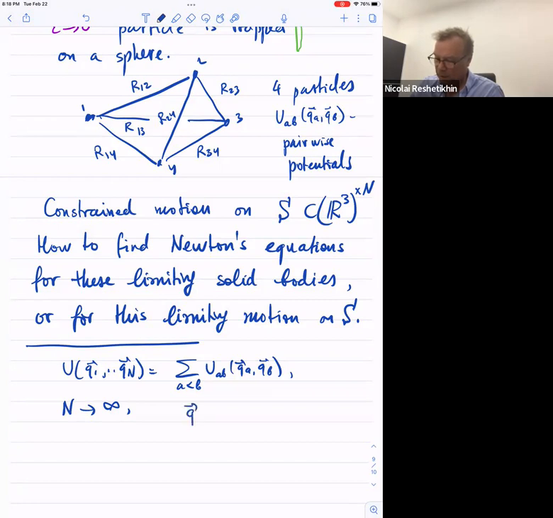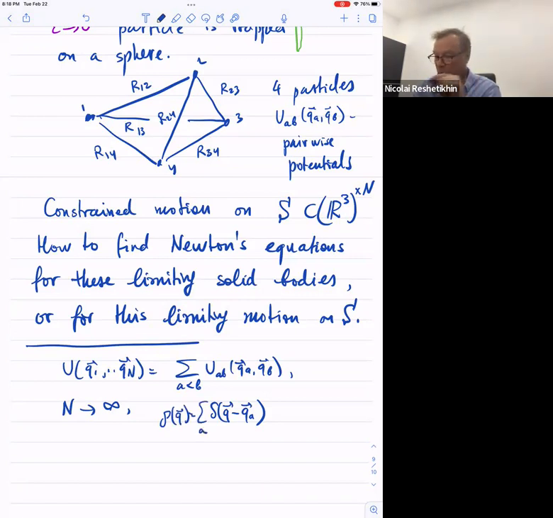The only way to do it is to say something like this: we consider these q_a as point masses of a distribution. So now instead of describing individual particles, we will describe the distribution supported at these points.